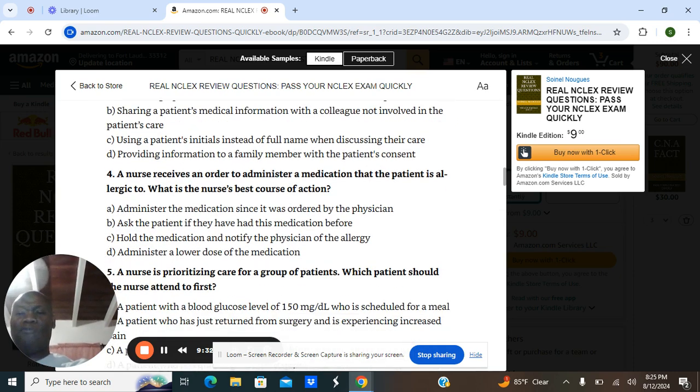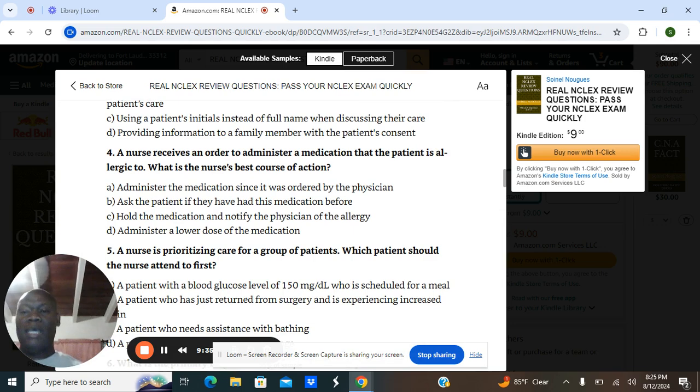Let's go for number 4. A nurse receives an order to administer a medication that the patient is allergic to. What is the nurse's best course of action? Usually they ask this question. You cannot go to the test and not have this question.